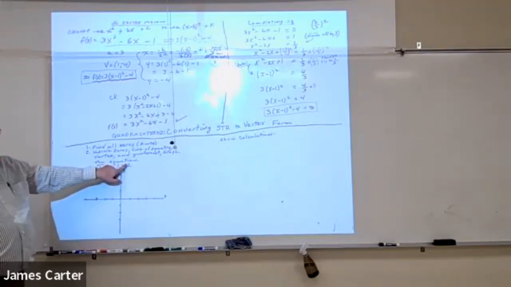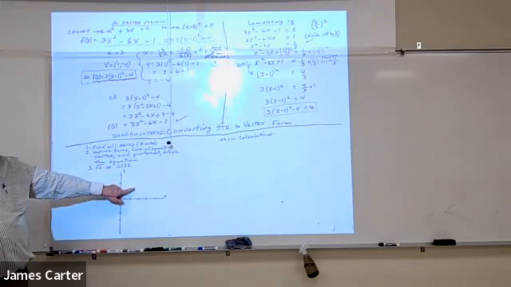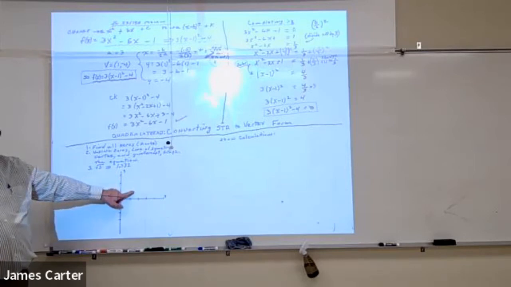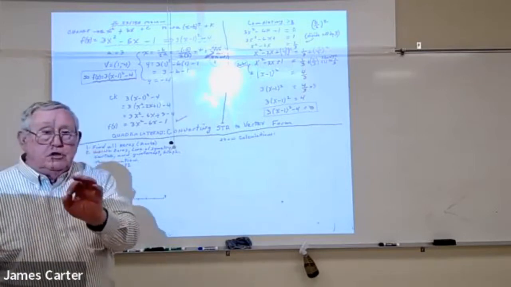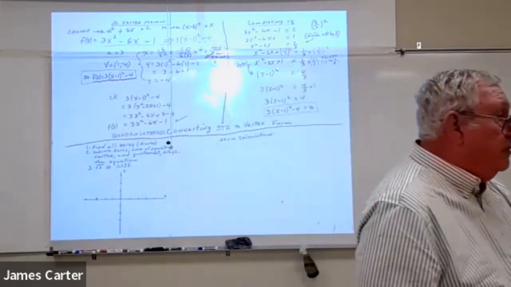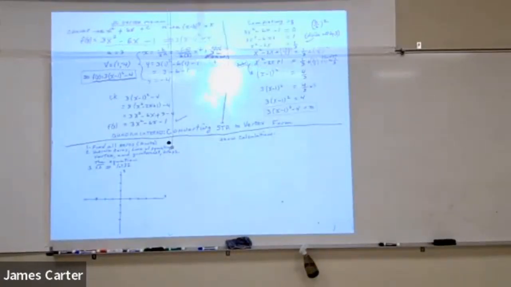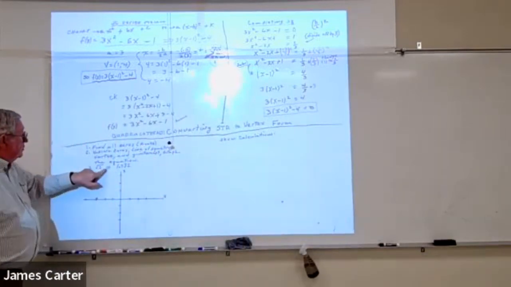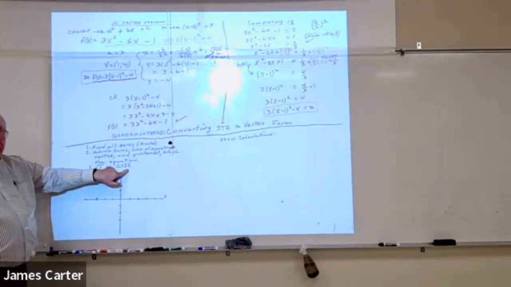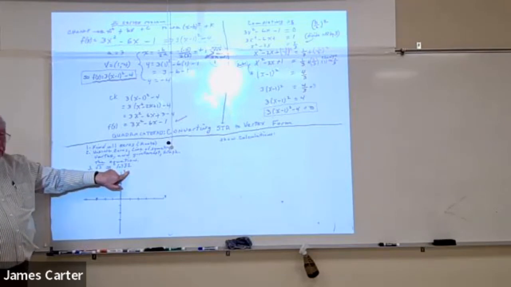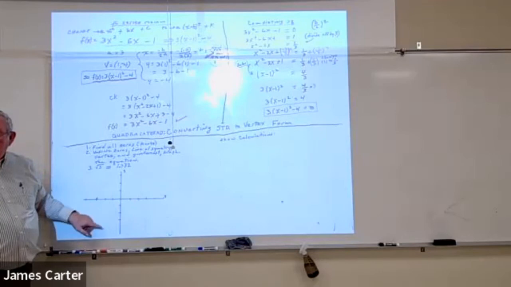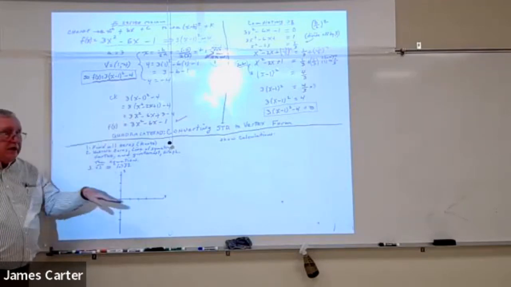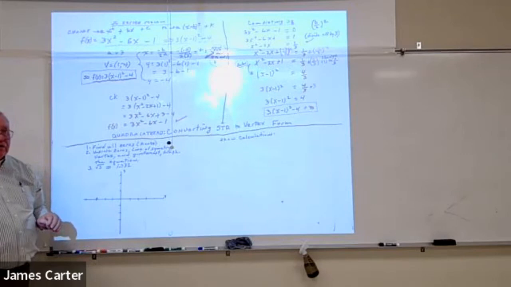You're going to have to use the quadratic formula to get the x-intercepts, and your answer from the quadratic formula will end up with a square root of 3 in it. So that's why I'm telling you that the value of the square root of 3 is approximately 1.732, so you can figure out where to graph the point with your plus and your minus side of the quadratic equation, which you've seen me do before.